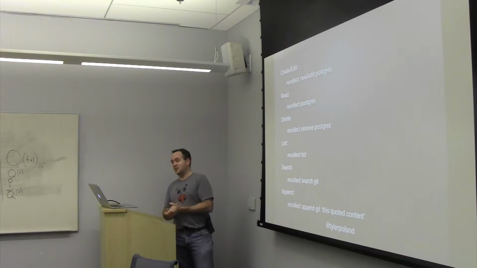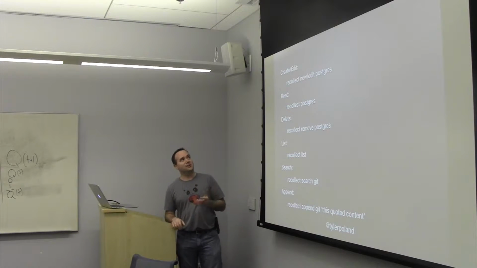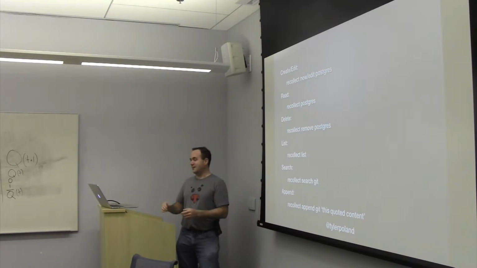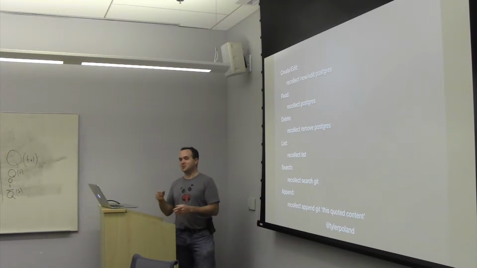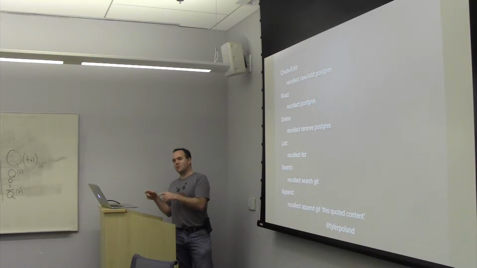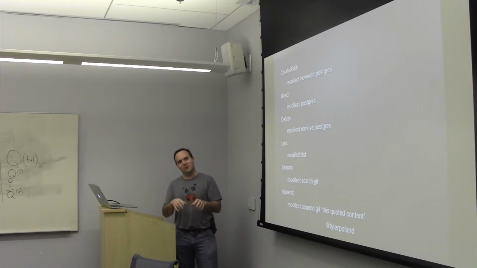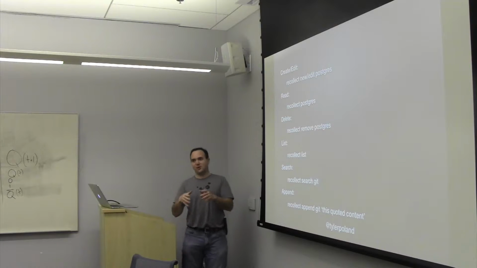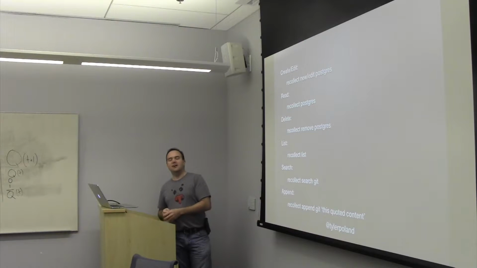Interaction is designed to be straightforward and easy to recollect. You can create or edit, read, delete, list, search, and append. It's also got some functionality so that if you can't quite remember what you called that thing, you can say recollect my, and it'll list all the recollections that start with my.